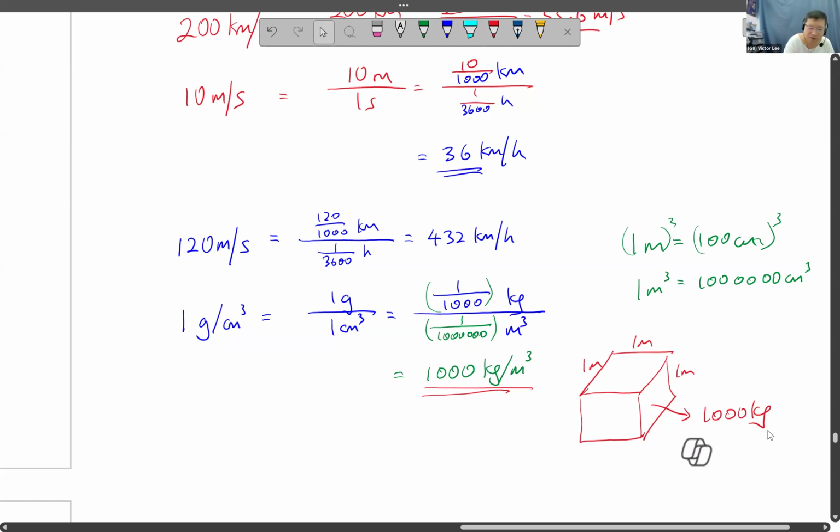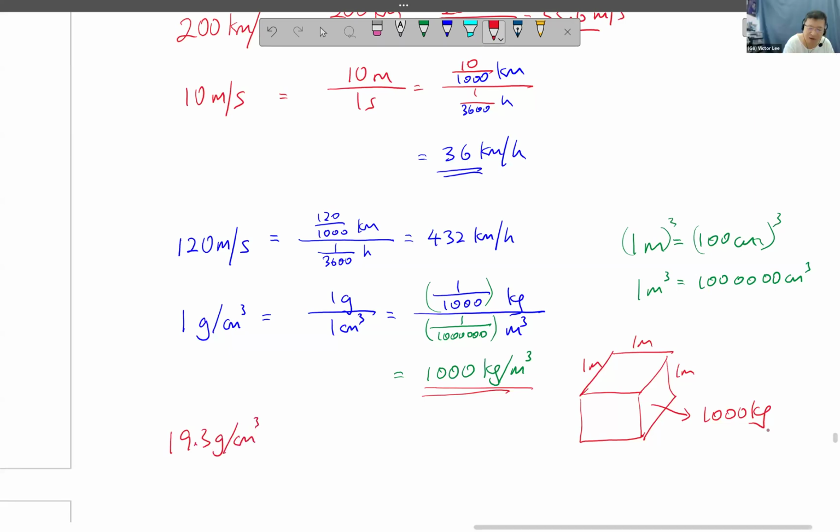Okay, let me try now. Let's try another one. Go. 19.3 gram per cm cube. Can you tell me how many kilogram per meter cube? 19.3 over 1,000.